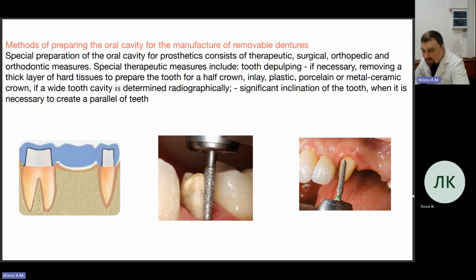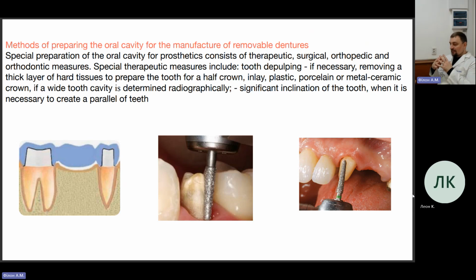Okay, preparation of the teeth. As I said, you should remember about the parallel of the teeth. You should remember about the nerve, which is situated inside the tooth. If you have to prepare a lot of tissue of the tooth, maybe it's better to depulp the tooth, because it's going to be very painful later for the patient.